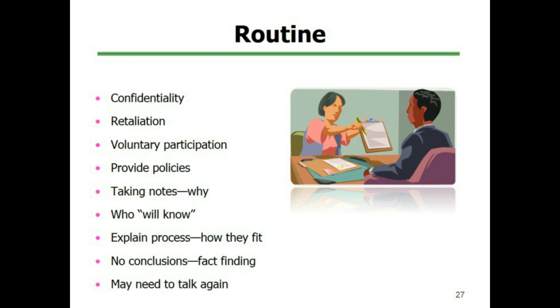Or if it's the accused, you would say, Johnny, your name was given to me as somebody who may have some information about a violation of our harassment policy. And of course, you'll go forward in a different direction with Johnny. You let everyone know that all this is a fact-finding mission, that there are no conclusions that have been drawn. It's fact-finding only. And you let them all know you may need to talk to them again.